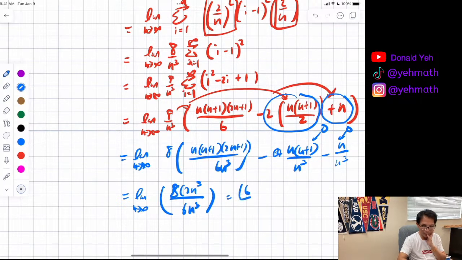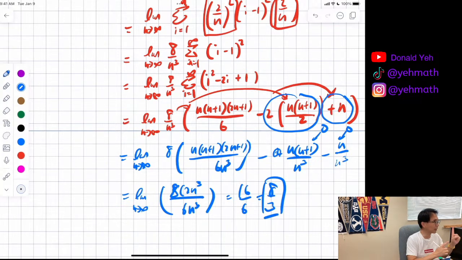This one equals 16 over 6, which is 8 over 3. So it doesn't matter if you do it left or right. If you break it into small enough pieces, there is no variation. There is no difference between the two areas you compute from both directions.